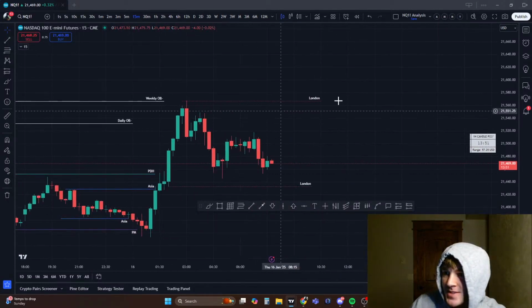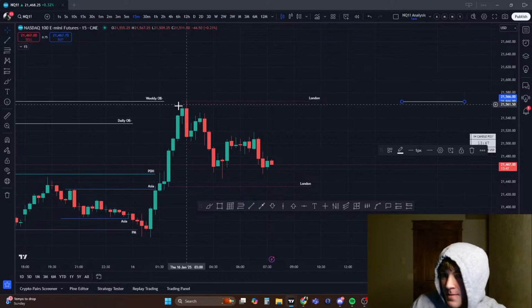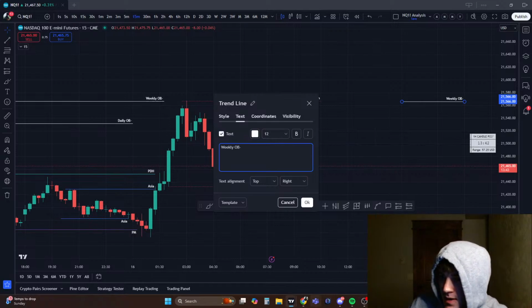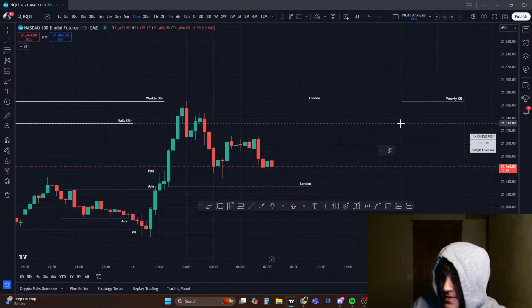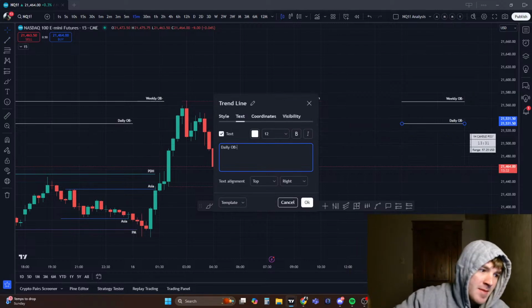Honestly, I don't want these. I want these kind of out of the way, so I'm just gonna put these over here. And then I'm gonna put this over here, because I like to keep the chart at least a little clean. It gets a little bit messy. This isn't even my main screen though, by the way.